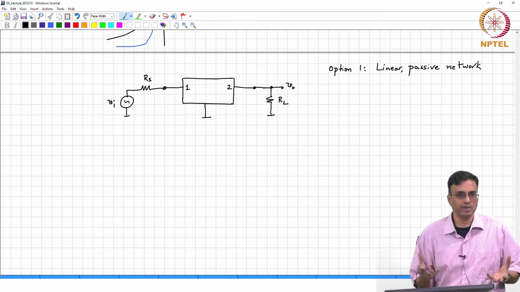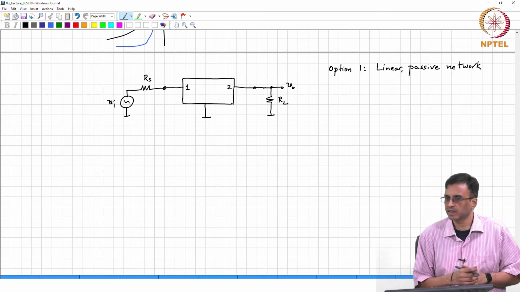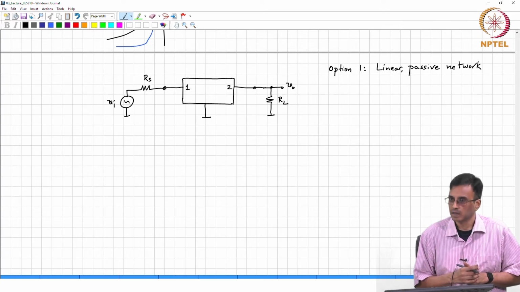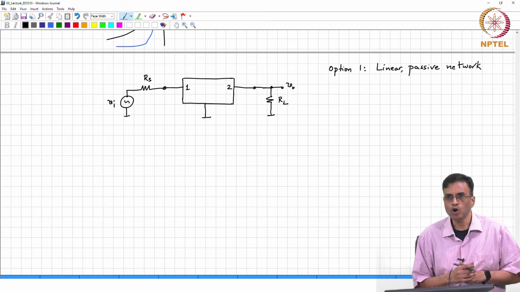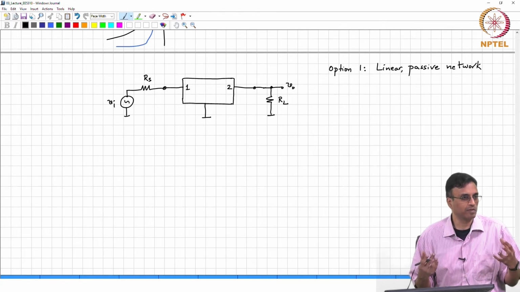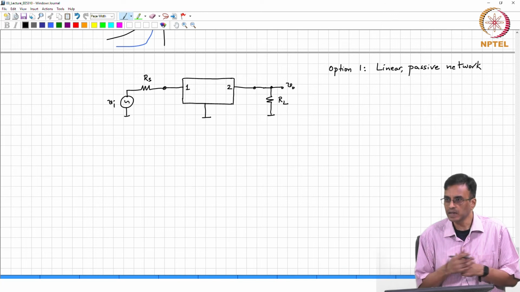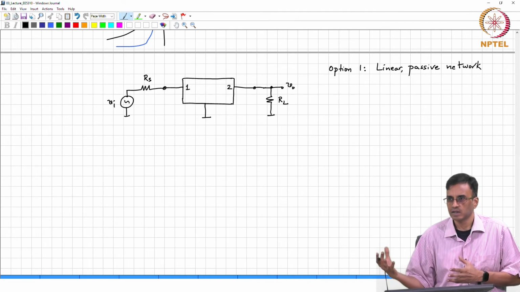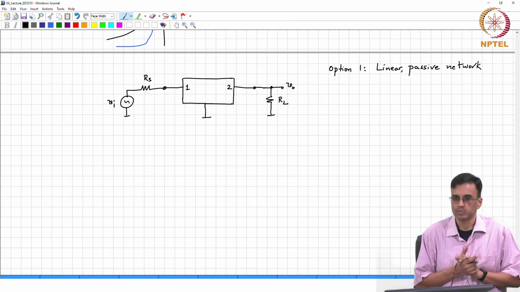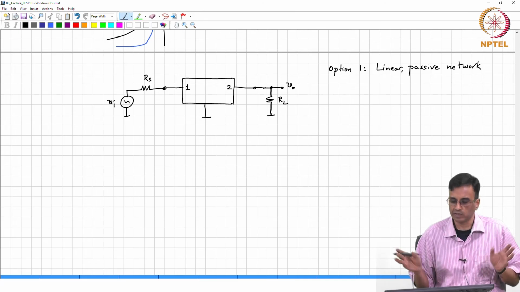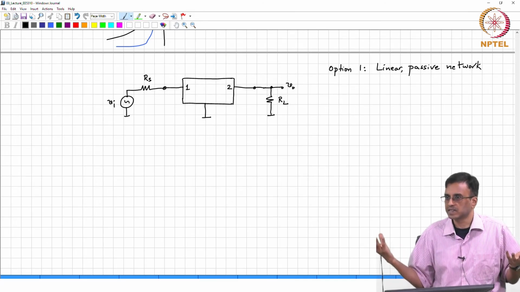Linear passive network, basically, inside what it means is that you have resistors inside. Can we get power gain? No. Why? Well, whatever power is drawn from the source, some of it has to be dissipated in the box, and therefore the power coming out has to be smaller than what is being drawn from the source. So, therefore, this is a non-starter, very clear, right, because there is no source of energy at all anywhere.